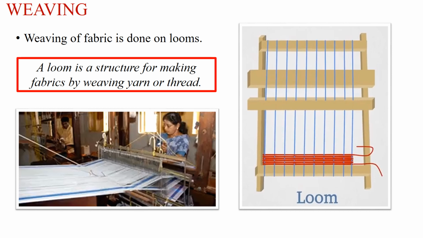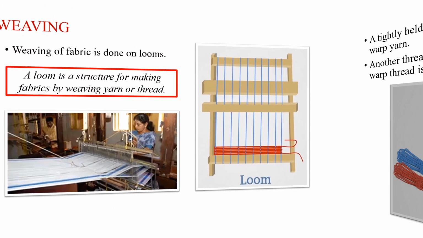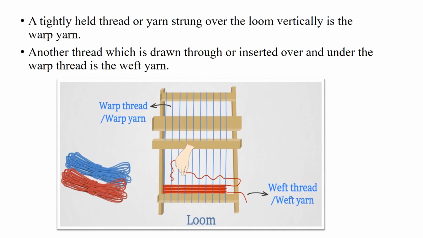Weaving of fabrics is done on a loom. A loom is a structure for making fabrics by weaving yarn or thread. It is used to give support to your yarn or thread. A tightly held thread or yarn strung over the loom vertically is the warp thread or warp yarn.